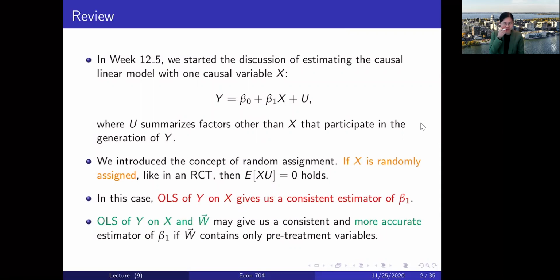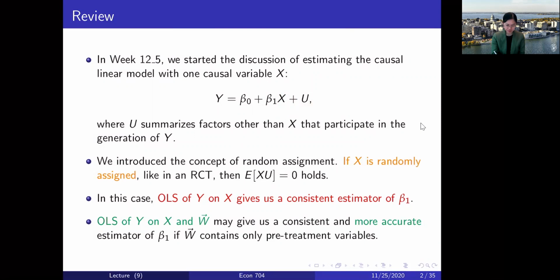In week 12, we started the discussion of estimating the causal linear model with one causal variable x. So there is only one parameter that we want to estimate, that is the causal effect of x on y. In this causal linear model, the error term u summarizes the factors other than x that participate in the generation of y.